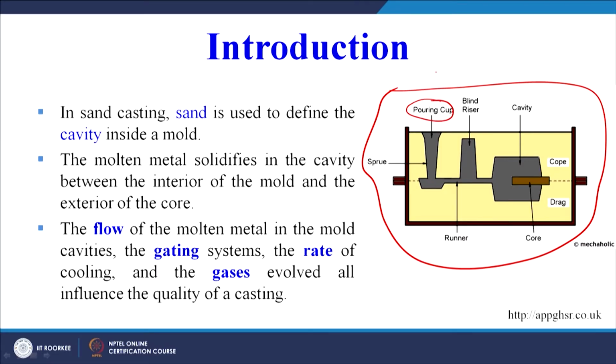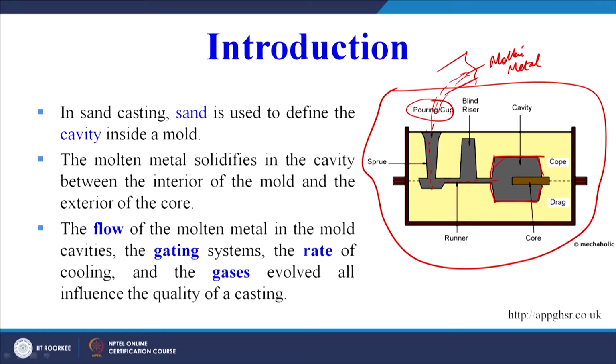The molten metal is brought in a ladle and it is poured into the pouring cup or the pouring basin. So it travels down the sprue, this is a sprue well, and then it runs through the runner and enters into the mold cavity. This is the shape of the product that we want to produce.